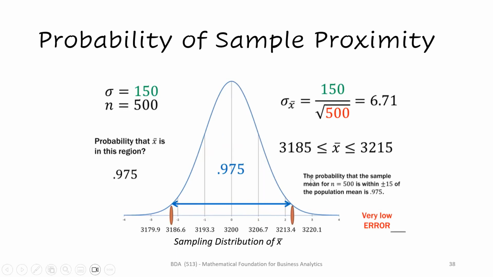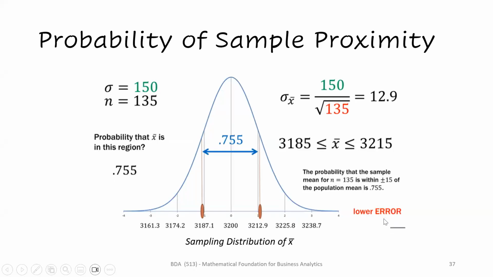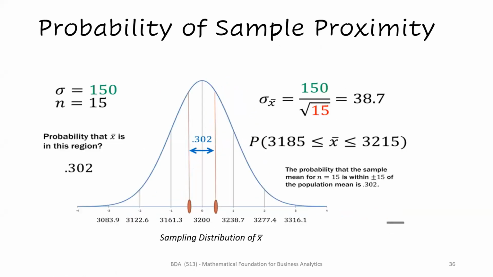When we increase the sample size, we get a very low error compared to when it was just 15. Everything was within this range, and everything outside this range will be rejected.